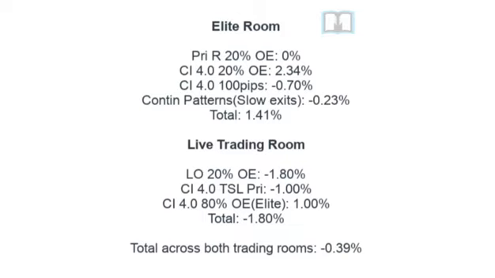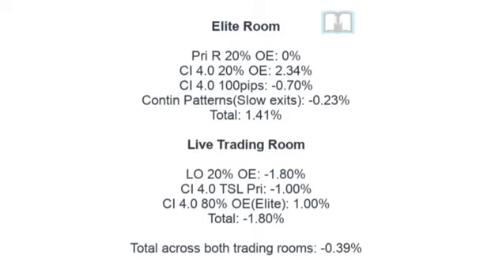On the cash in 100 pips, we had a loss of minus 0.70%. Continuation patterns, we did have a trade on there with a very small loss of minus 0.23%. So giving us a total for the elite room of 1.41% to the upside. So a profit there on the elite room.